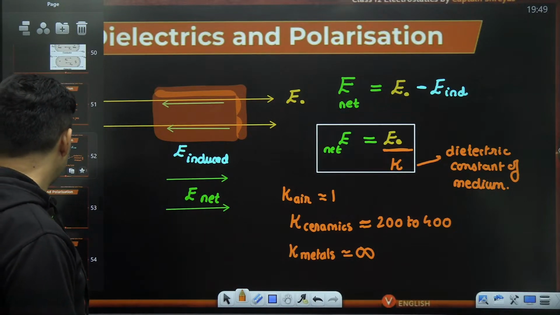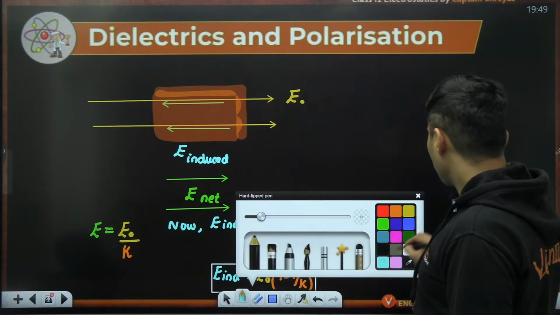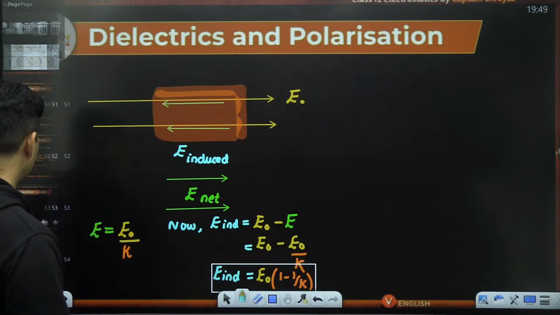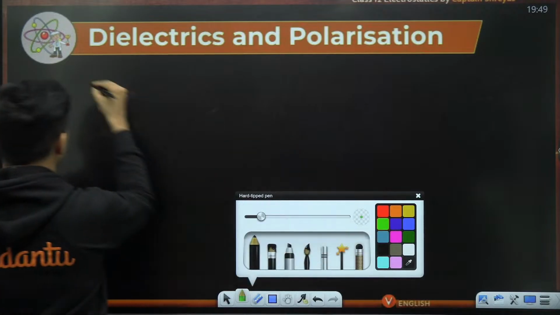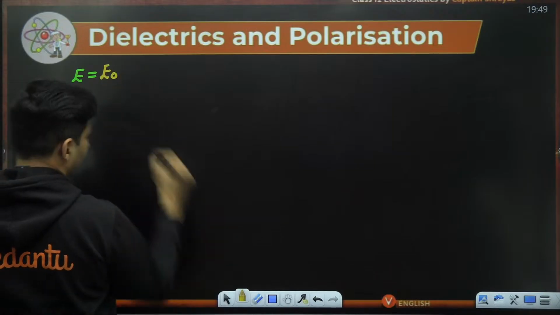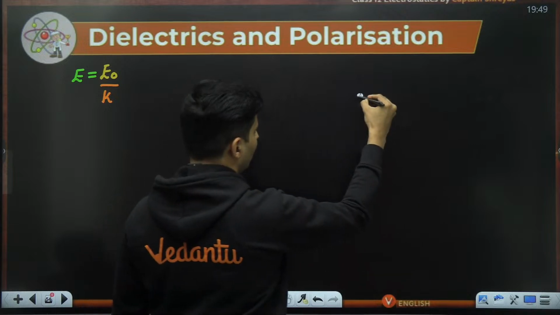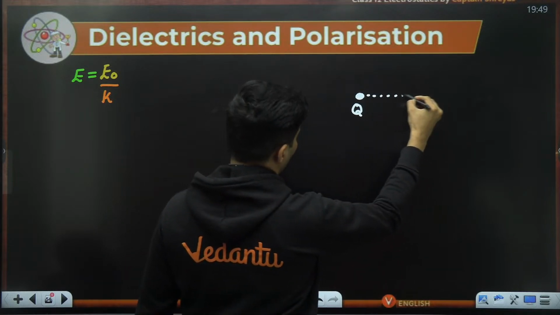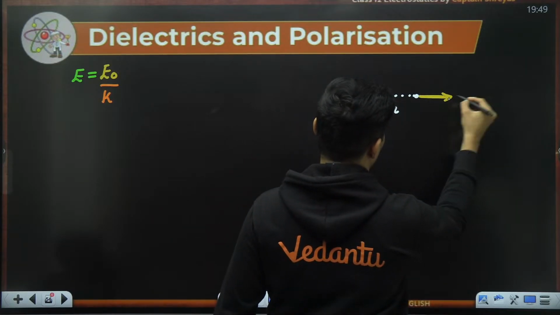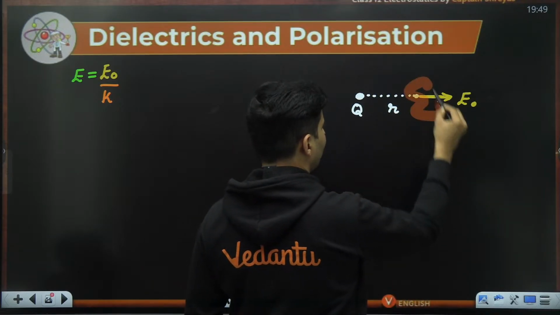Correct. Now, also from this, since you are seeing that the net electric field is E naught by K, our net electric field is nothing but the original electric field divided by K. Just imagine if it was a point charge and you were trying to calculate how much electric field is there at this point, but you place that point charge itself in some medium.